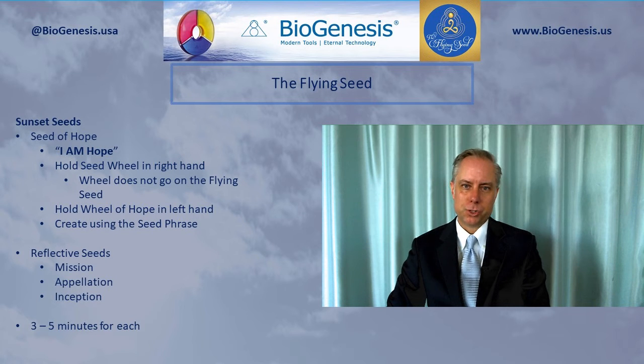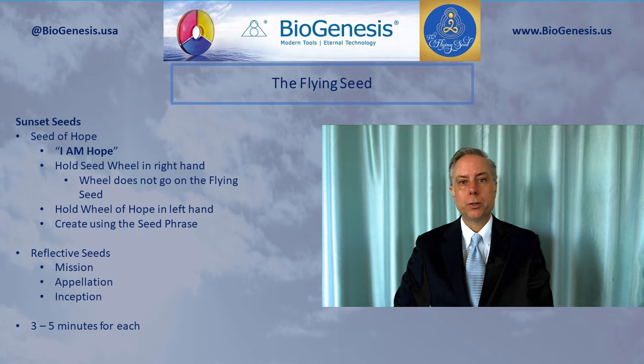In the evening, this changed a few weeks ago when Lantos introduced the seed of hope. The seed of hope we find using the moon wings, and we let fly the moon wings in the evening time using the intent, I am hope. Then we don't put the wheel for that seed on the flying seed.